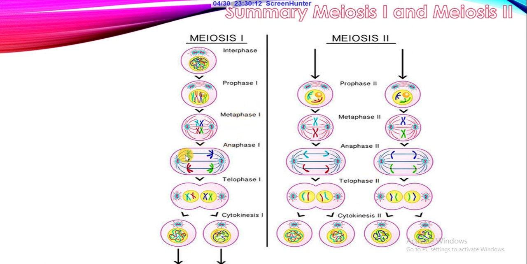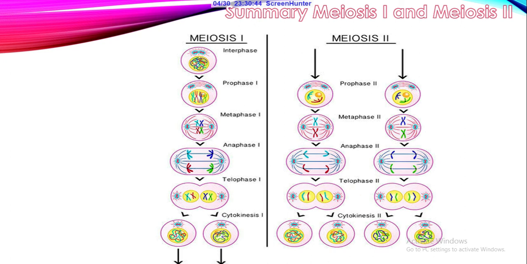But for anaphase 1, for the homologous chromosomes, one will be attached to the spindle fiber at one pole. The other one is attached to the spindle fiber at the other pole. That's how, when it shortens, it will separate the homologous chromosomes. And for telophase 1, we will produce 2 haploid daughter cells, but for telophase 2, it is the complete set, which is 4 haploid daughter cells.